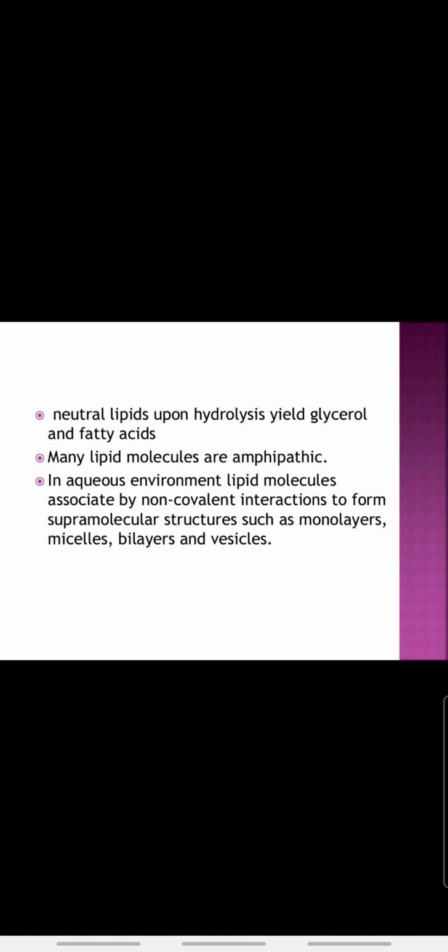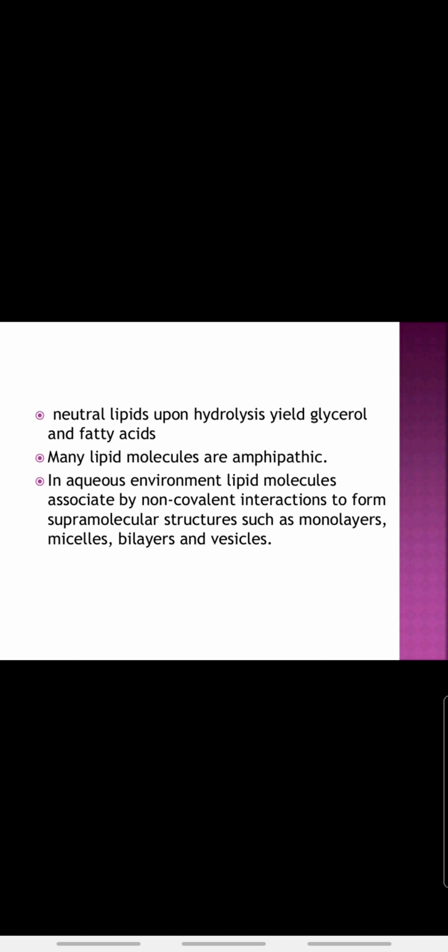Micelles are lipid molecules that arrange themselves in spherical form in aqueous solution. Micelles are composed of phospholipids with hydrophilic head groups forming the outer shell.